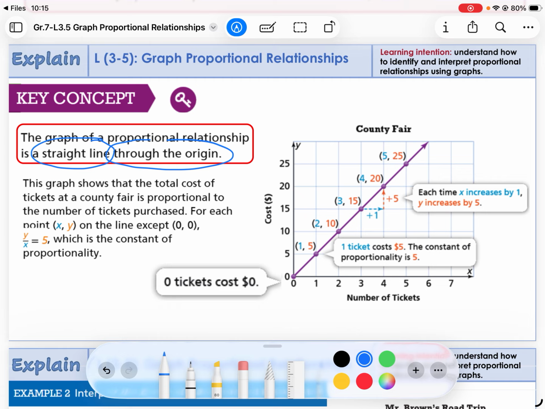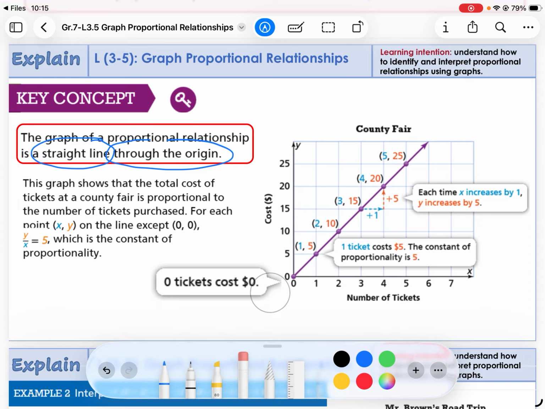For a relationship to be called proportional, it must have these two conditions. Number one, it should be a straight line like this one, and number two, it should start from the origin, from 0, 0. These are the two conditions to say that a graph represents a proportional relationship.